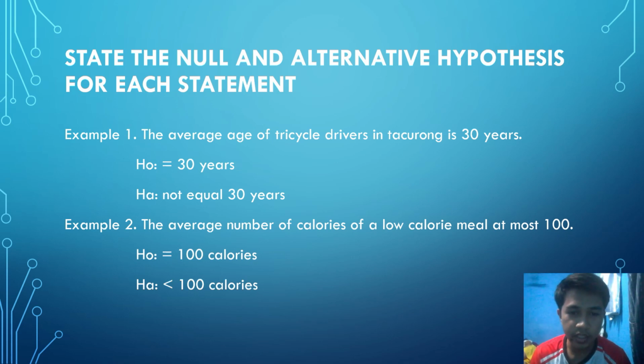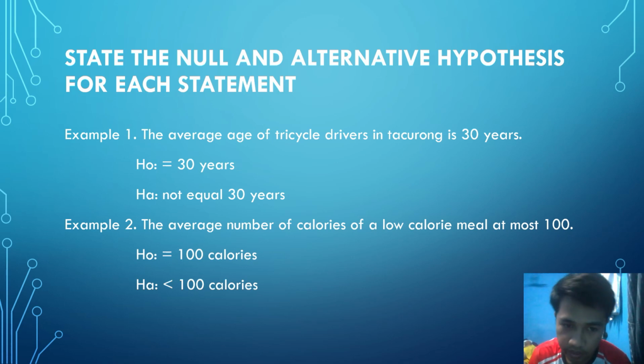For knowing the null hypothesis and alternative hypothesis, we can use example number 1. The average age of tricycle drivers in Tacurong is 30 years old. The word that we use is "is."